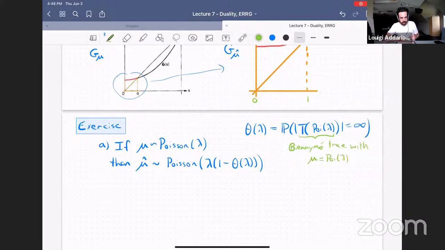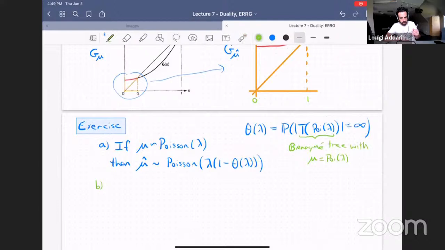So this describes how the mean changes. It's nice that you stay within the parameterized family of Poisson offspring distributions, but moreover, you have quite an explicit formula for how the mean changes when you condition on being finite, right? And if lambda was at most 1, then theta is 0, so 1 minus theta is 1, and you're just saying that nothing changes.